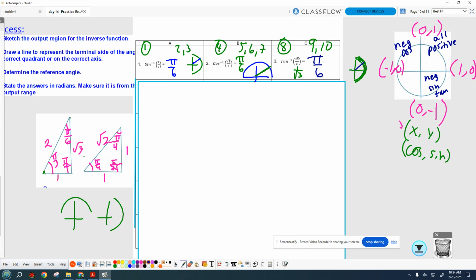All negative sine and tangent ratios, the angles are going to come from quadrant 4. And I want you to draw, is it one of these two or is it one of those two? Part of the point is some of you are going to want to go the long way around. No, that's too far. You're busting outside of that little semicircle.